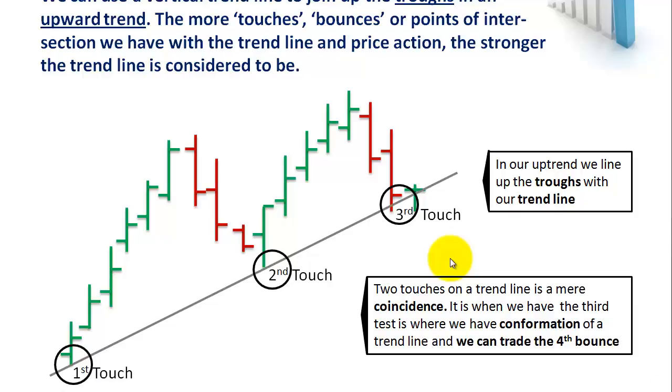They're good for trending markets, whether it's an upward trend or a downward trend. In an upward trend, as a general rule, we line up the troughs, the higher lows, you might call them. Whereas in a downward trend, we line up the peaks, the lower highs, essentially, as we'll discover in a minute.